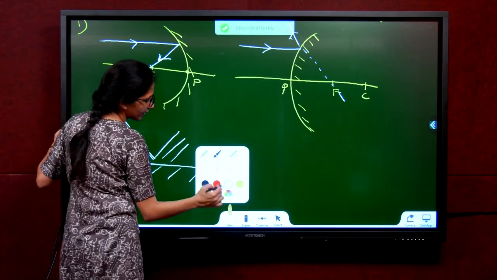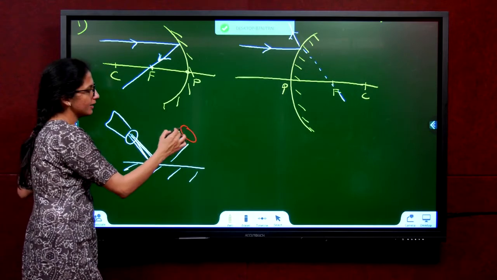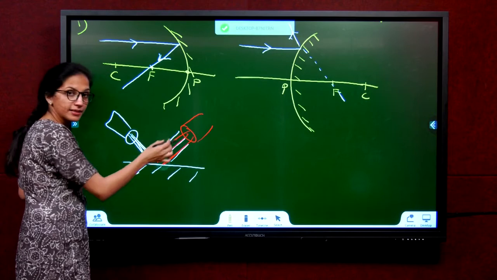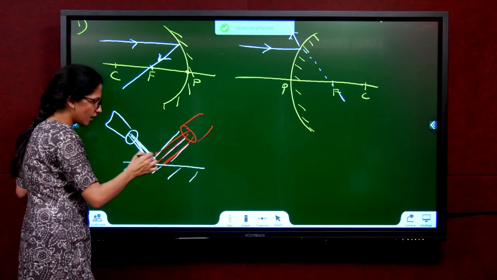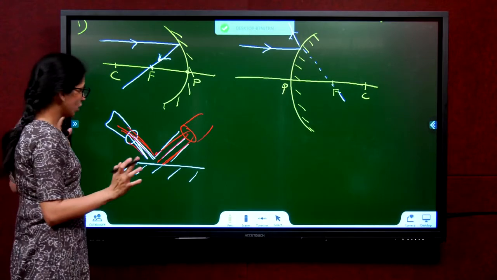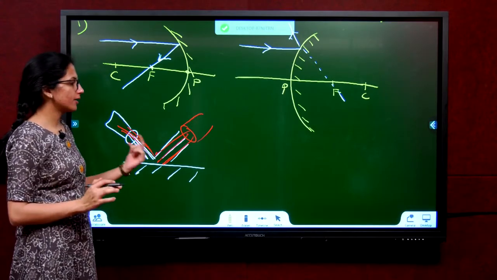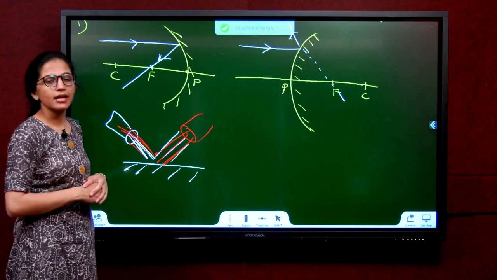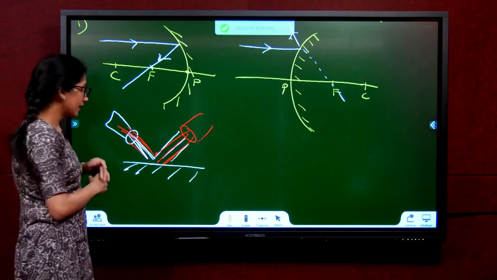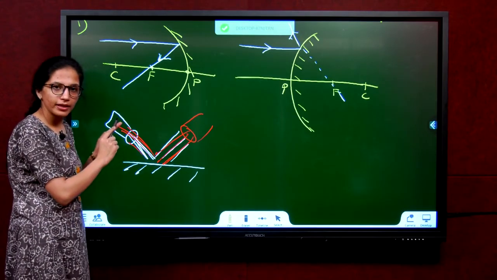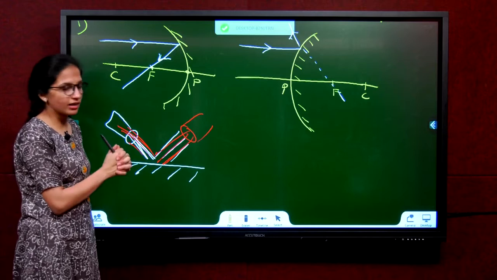So now tell me, if I take this torch and come to this side and switch it on, with all the light rays incident on the same path, will it come back here? Yes or no? Yes. So what is this called? This property of light to retrace its own path is called retraceability.